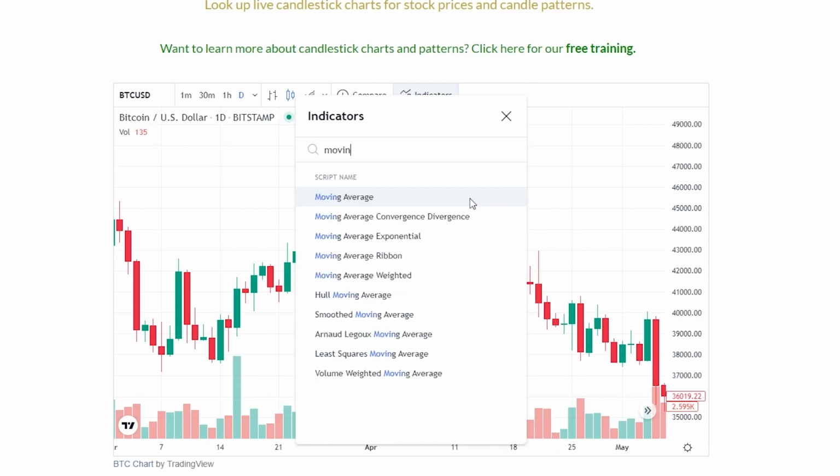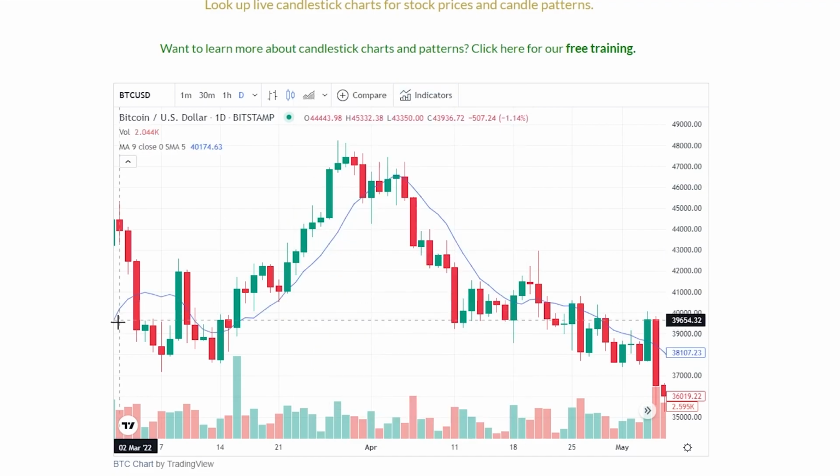So if we add moving average, we can see the moving average in graph form. For example, the moving average goes here and then it rises up, then it goes back down. So if you are not familiar with these candle charts, you can just use moving average for a quick skim through how the money's going. And yeah, that's basically the different indicators. You can use many more, but these are the main.